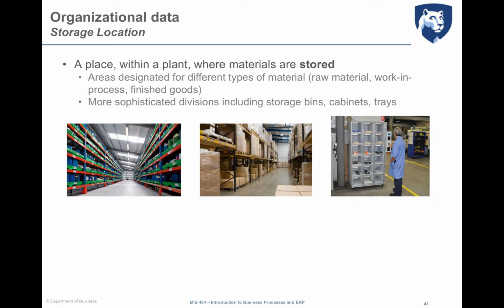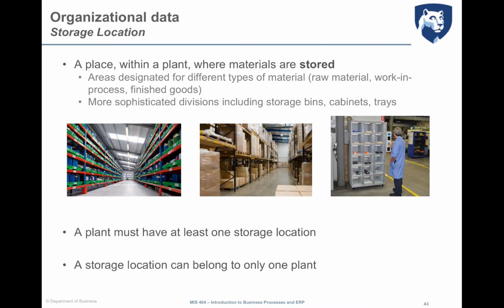Storage locations are places within a plant where materials are kept until they are needed. A plant can have multiple storage locations, and each of these locations is designated for different purposes.